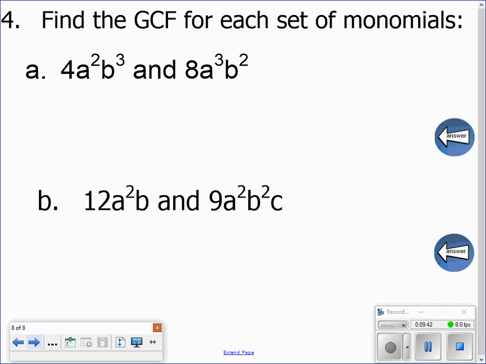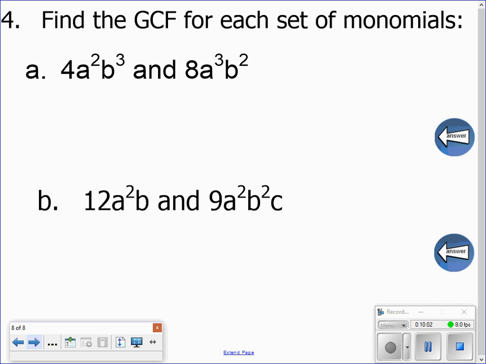If we're looking for the GCF between a set of monomials, you're going to look for the greatest common factor amongst the coefficients first, and then you're going to look for the greatest common factor amongst the variables. So we have a couple ways that you can do this.